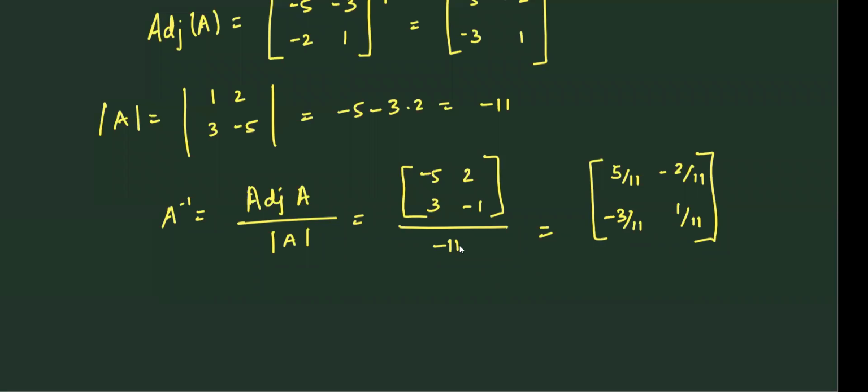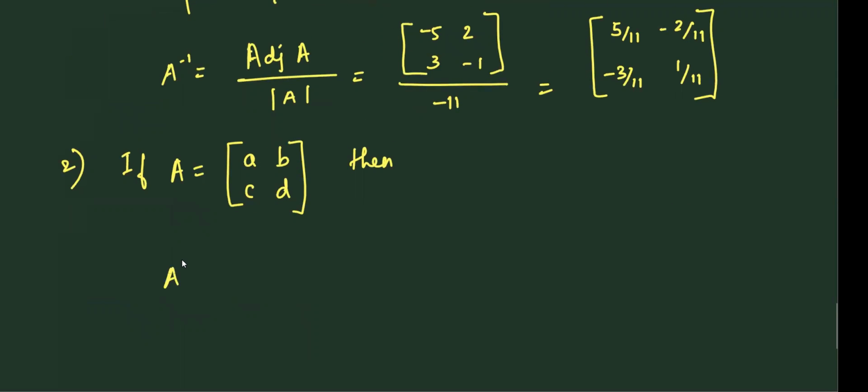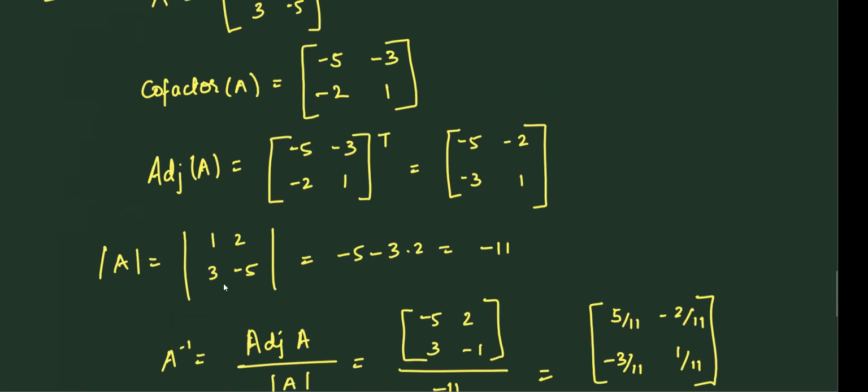So for a 2 by 2 matrix, a general formula: if A is a, b, c, d, then. Sir, adjoint A is minus 5, minus 2, right? Why did you write 2 only? Yes.